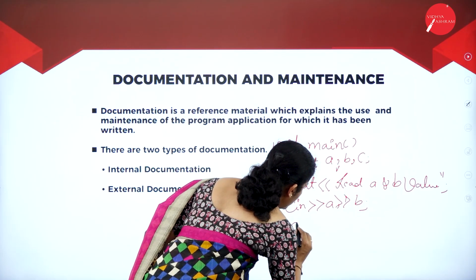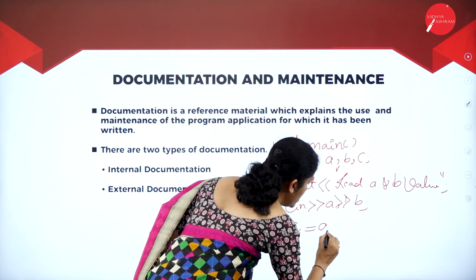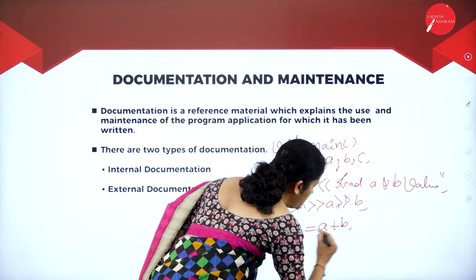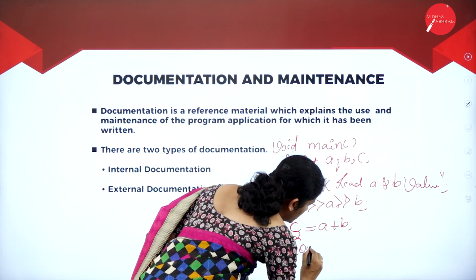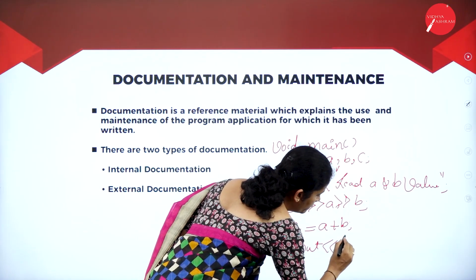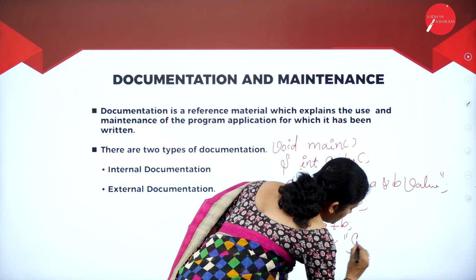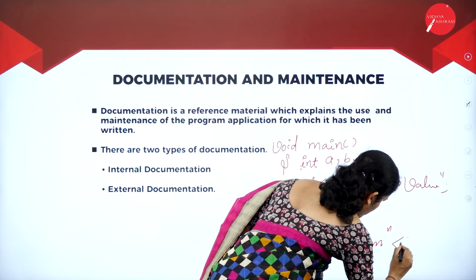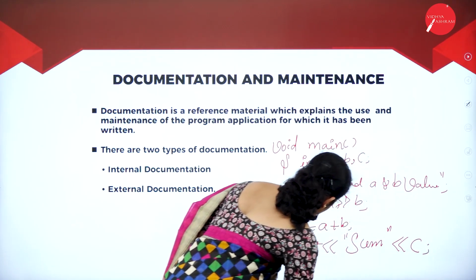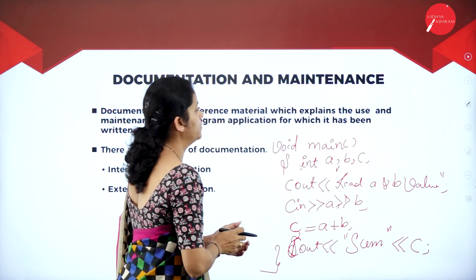Then find the sum, that is C equal to A plus B. Then cout sum C. Then close my program.